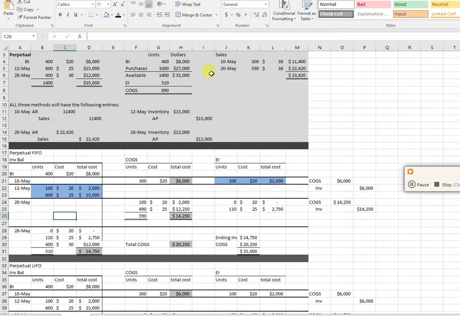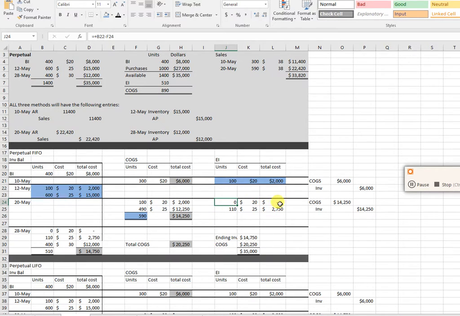Now I go to the 20th, and I sold 590. First in, first out. I sold the $20 ones first, then the $25. Again, I usually put 590 and start with that, so I don't mess up on my units. And I work down from the top, first in. The first in are the $20 ones, so I sold all 100 of those, leaving 0.